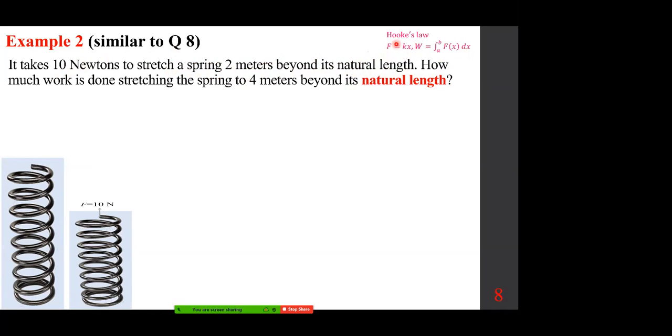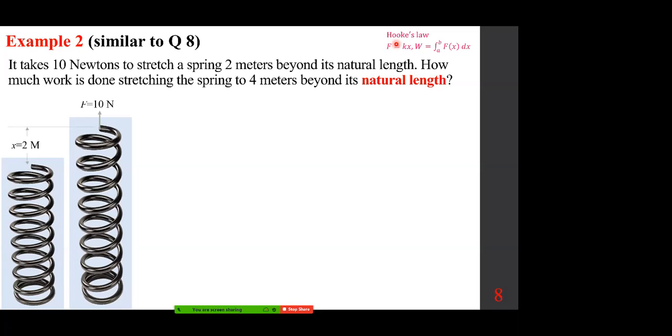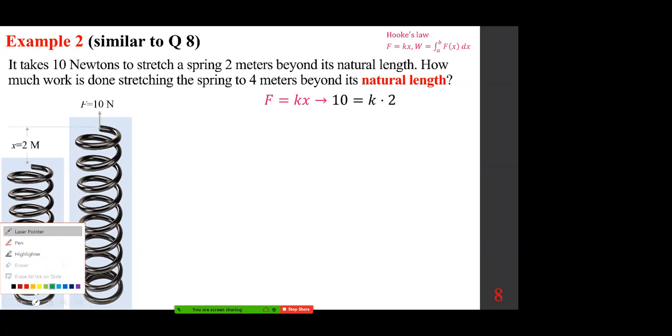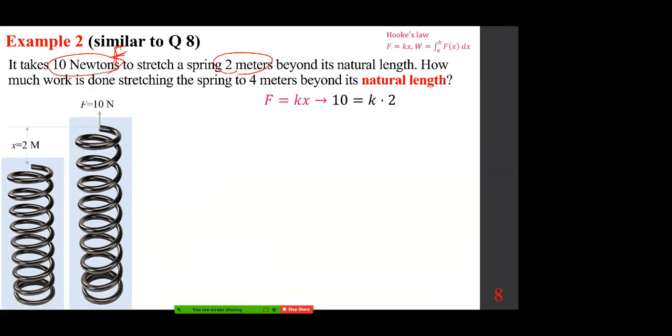So that means 10 newtons can move it in this fashion. So using F equals Kx, this is F, and this is X. You are going to find the K first.